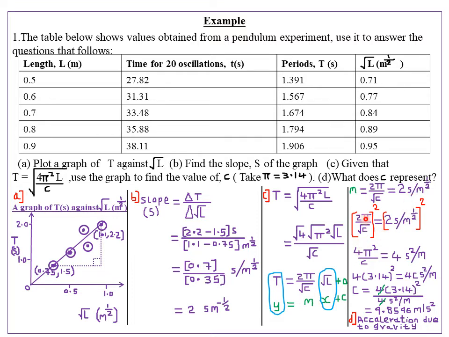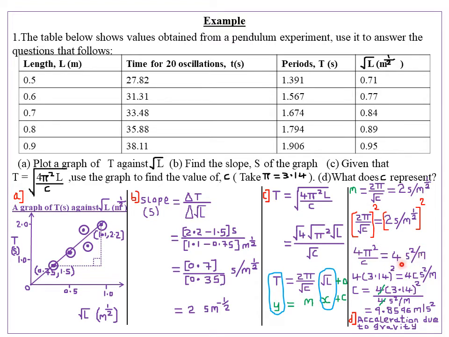So I'll have 2 squared, I'll get 4, pi squared, I'll get pi squared, the root of c squared, I'll get c, being equal to 2 squared, I'll get 4, seconds squared, then meter power a half squared, I'll get meters. Then I multiply both sides by c so that I have 4 pi squared being equal to 4c, of course, seconds squared per meter.